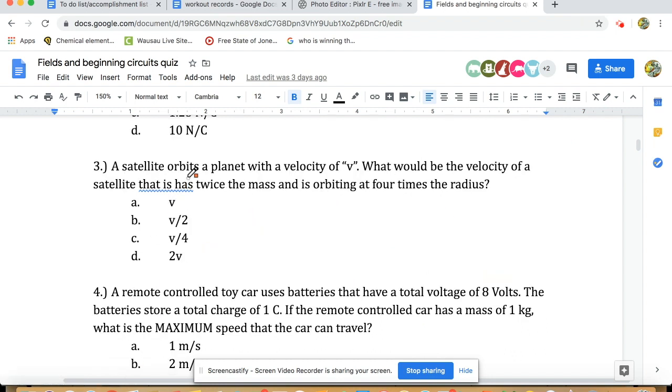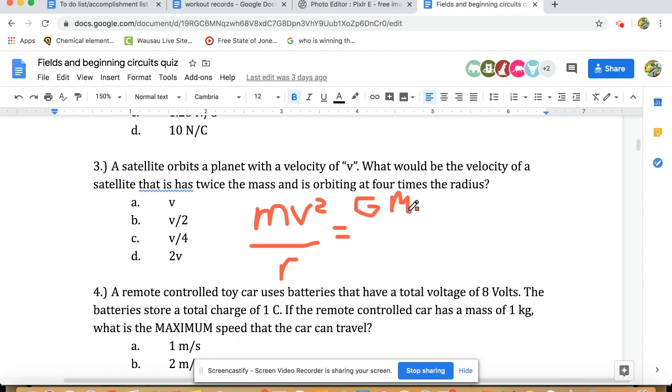A satellite orbits a planet with a velocity v. What will be the velocity of a satellite that has twice as much mass and is orbiting 4 times the radius? So remember, orbital velocity comes from setting centripetal force equal to some other force. In this case, that force would be gravity.